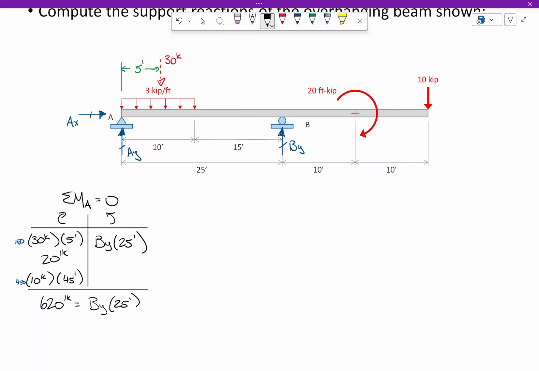No different. It's no different at all. Okay? So therefore, by is what? I might need some help on that. 24.8. 24.8. Do I have a second?